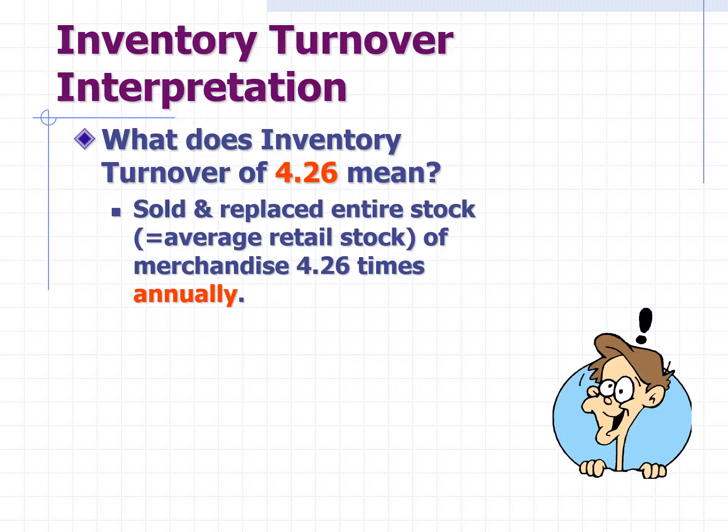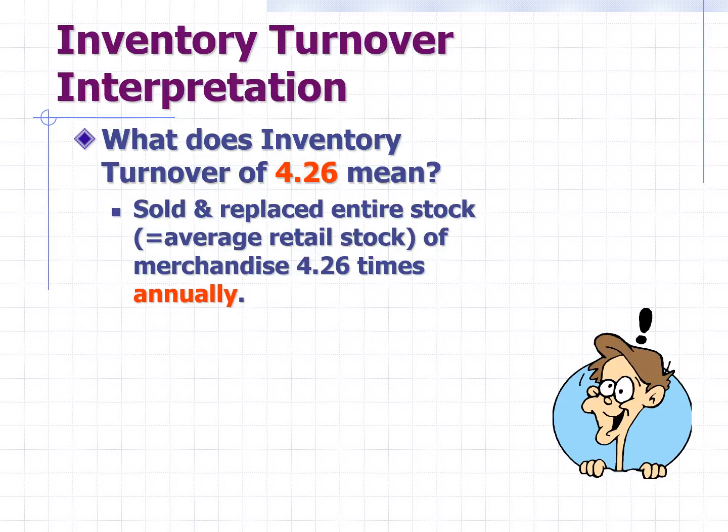First, that turnover of 4.26 would mean that the store sold and replaced the average retail stock, that much of an entire stock, on average 4.26 times annually, because the problem gave us the annual gross sales figure.